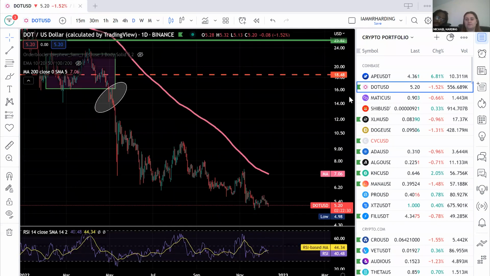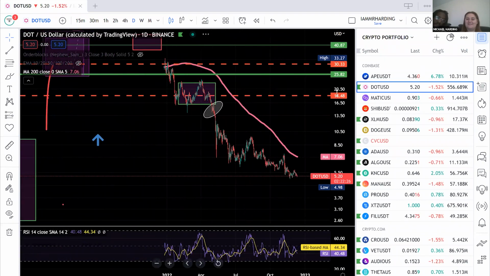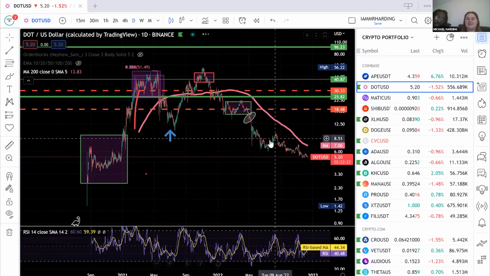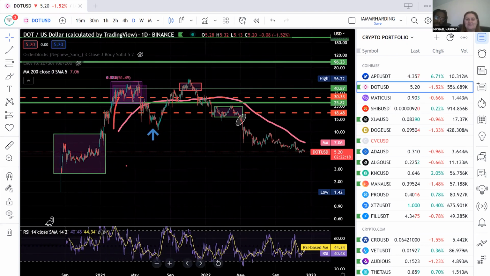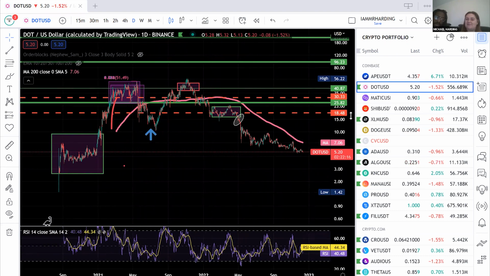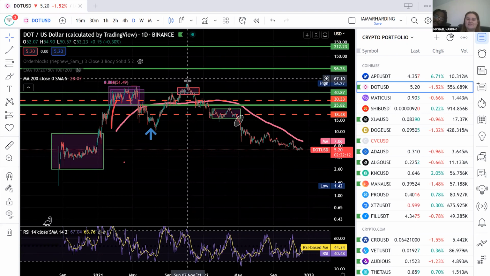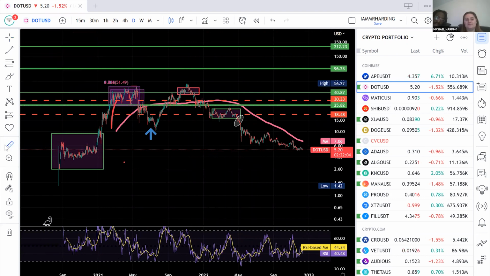So Polkadot just doesn't ever seem to want to go below this $4 area. It's trying to fight, trying to stay afloat, but I don't know with Polkadot. Yeah, I think it's done well, to be honest, because it hasn't dropped as much as other projects since May. If we look at it since May, it's kind of just gone sideways, more or less.